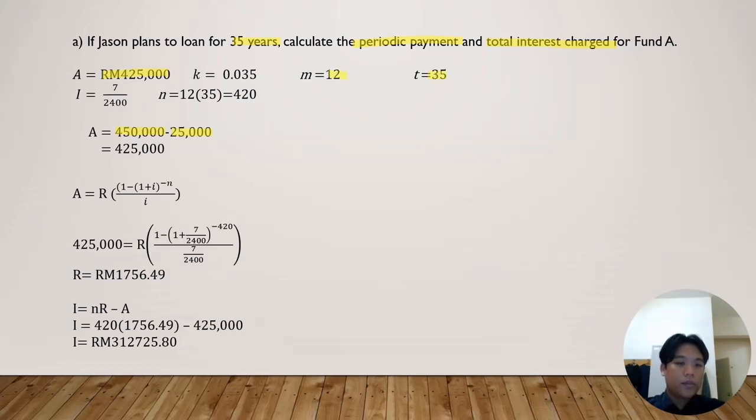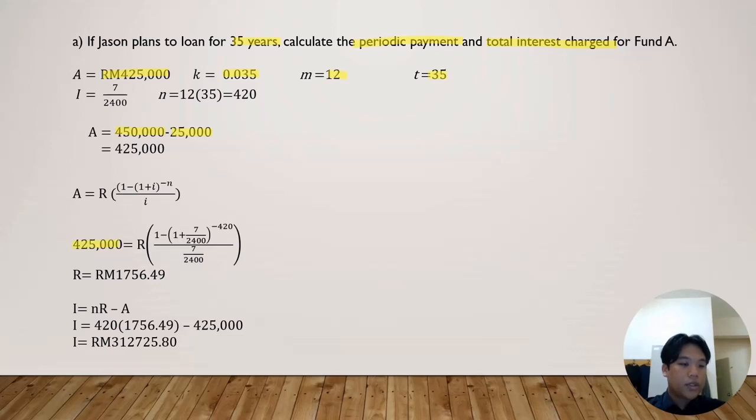M is 12 because it's compounded monthly. K is 0.035 from the question. So to get I, K over M, we get 7 over 2,400. N equal to MT, 12 bracket 35, we'll get 420. So now, with all that information, substitute it into the formula.